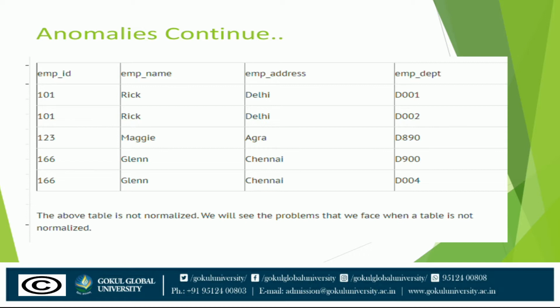And delete anomalies. Suppose at some point of time the company closes the department D890. Then deleting the rows that have employee department as D890 would also delete the information of employee Maggie, since she is assigned only to this department.